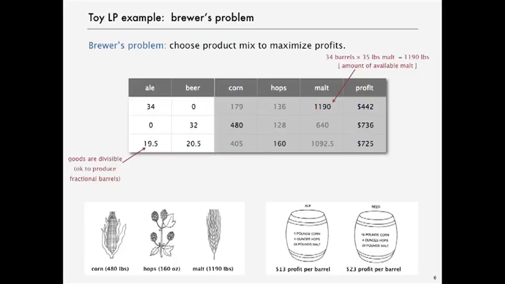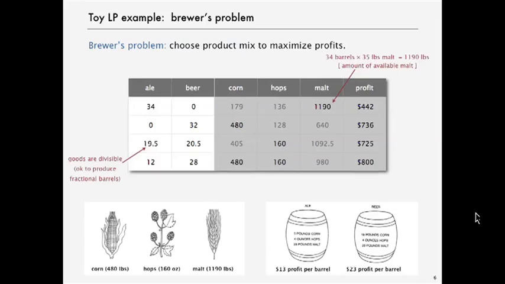If you used up all the hops, it would be 19 and a half. Well, you can't really make a half barrel, so we're not going to consider that case. But if you could, it still wouldn't be as good as all beer. But what about this mix here? If we were to make 12 barrels of ale and 28 barrels of beer, then the amount of hops that you need, you can multiply it out.